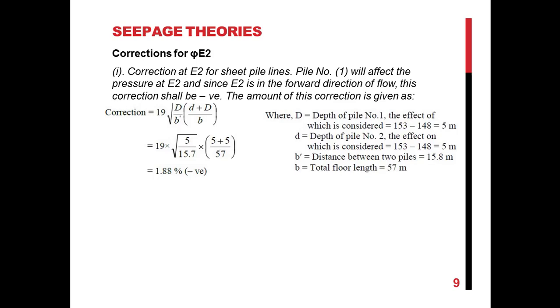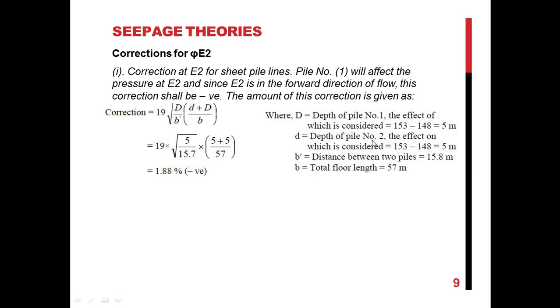Now we will apply corrections for phi E2. The correction at E2 for sheet pile number 1 will affect the pressure at E2, and since E2 is in the forward direction of flow, this correction shall be negative. The amount of this correction is given as correction equal to 19 under the root D divided by B dash into D plus capital D divided by B. Here capital D is equal to the depth of pile number 1, the effect of which is considered, equal to 153 minus 148 equal to 5 meters.